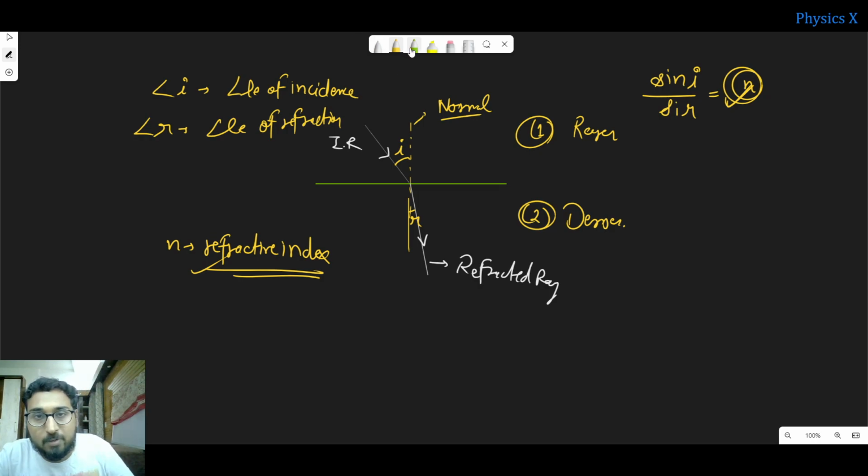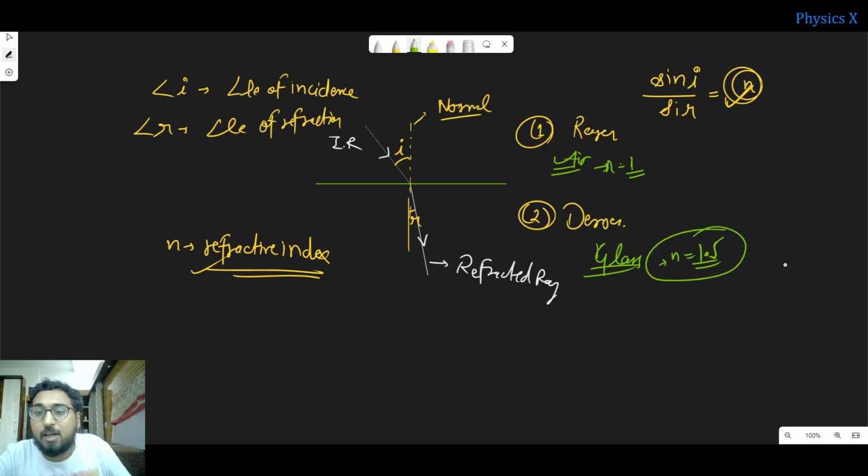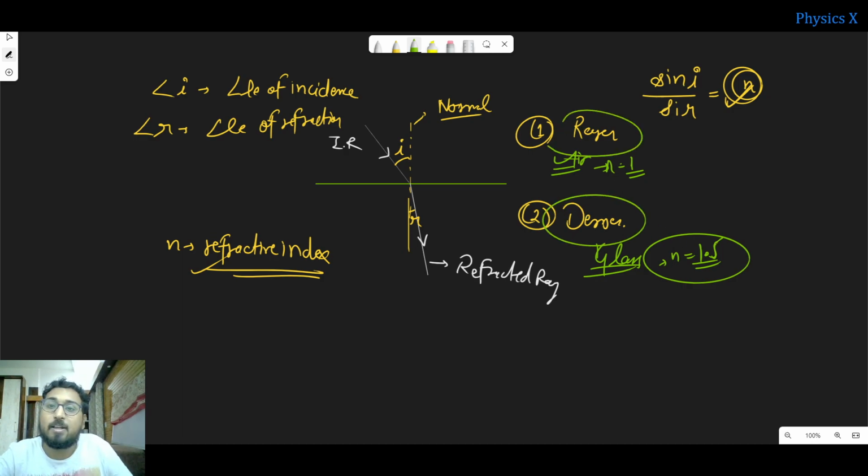So if I am considering this as a rarer material, let us say air, and this is glass, air has a refractive index n equal to 1, and glass has a refractive index of, let us say, around 1.5. So this value is more. That is why glass is a denser medium and air is a rarer medium.